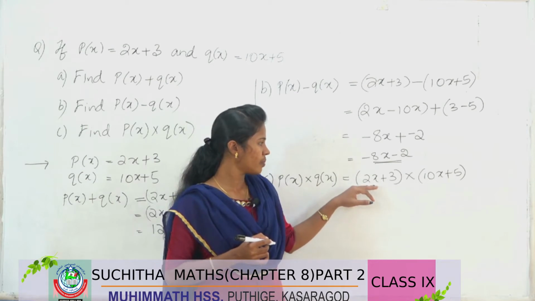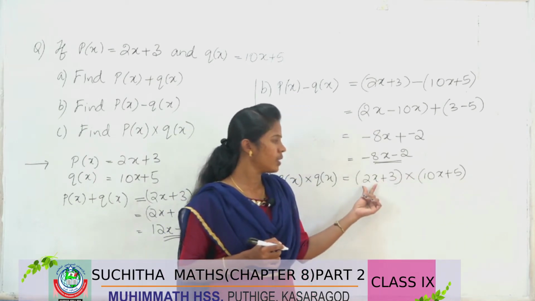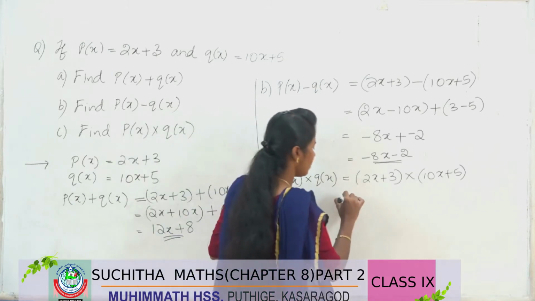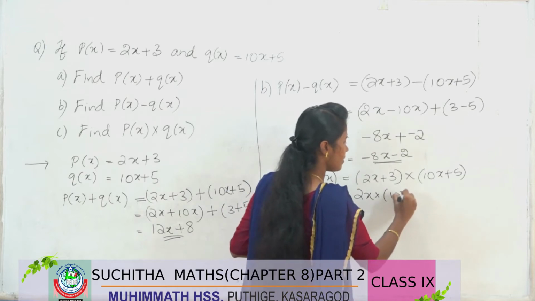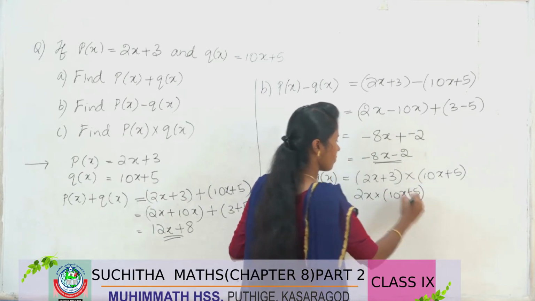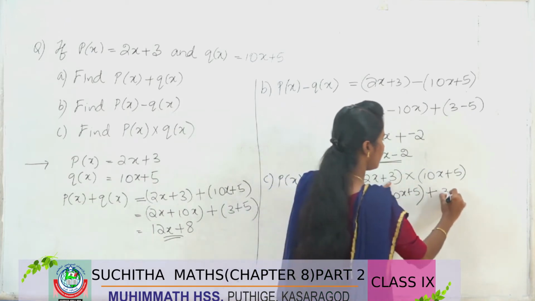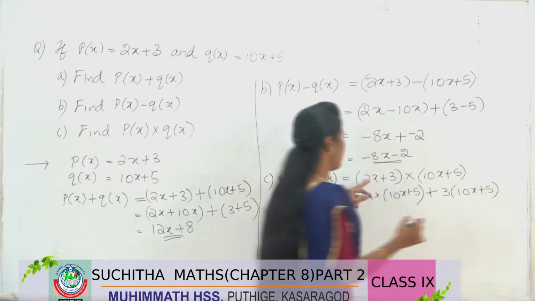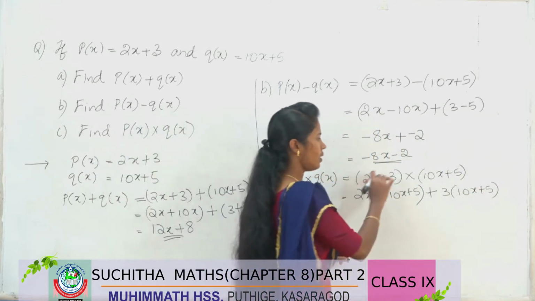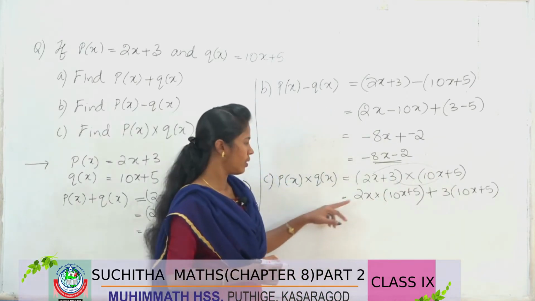So first multiply 10x plus 5 with 2x, that is 2x into 10x plus 5, plus 3 into 10x plus 5.